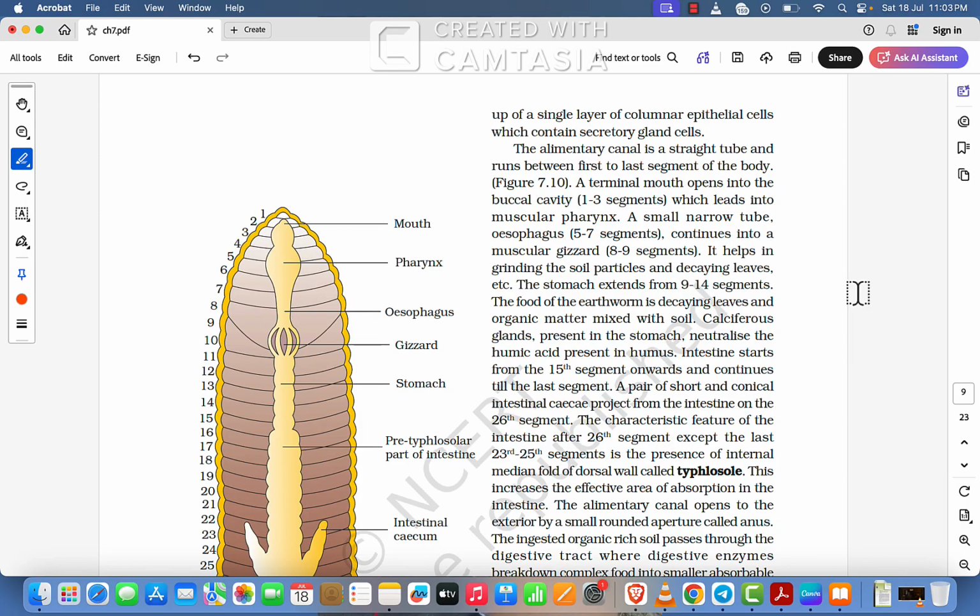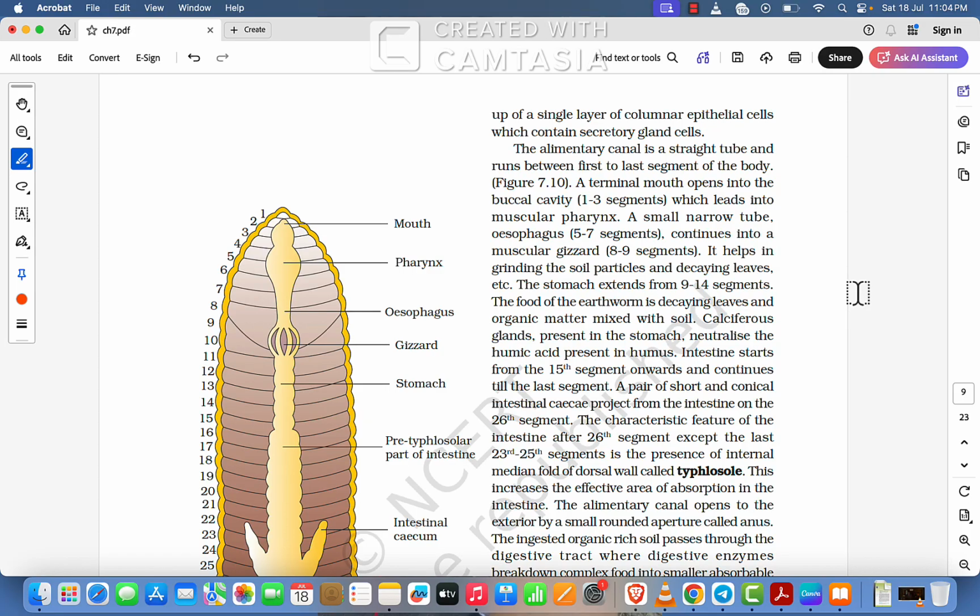The intestine starts from the 15th segment onwards and continues till the last segment. A pair of short and conical intestinal caecae project from the intestine on the 26th segment. The characteristic feature of the intestine after the 26th segment, except the last 23rd to 25th segments, is the presence of internal median folds of the dorsal wall called typhlosole.